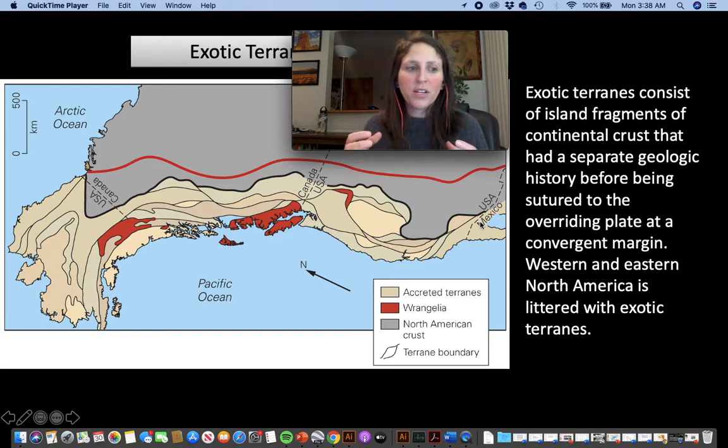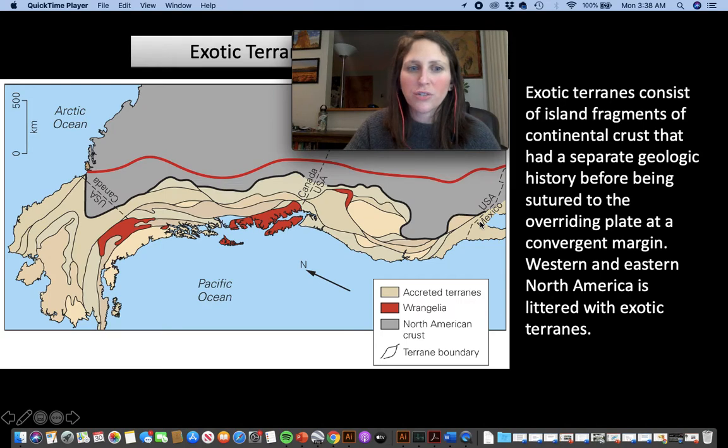These were exotic terranes that had their own geologic history. Maybe they formed through subduction zones, or maybe through a hot spot. Then they traveled across the globe via plate tectonics, ended up smashing into another continent and sticking onto that continent. That's an exotic accreted terrane.